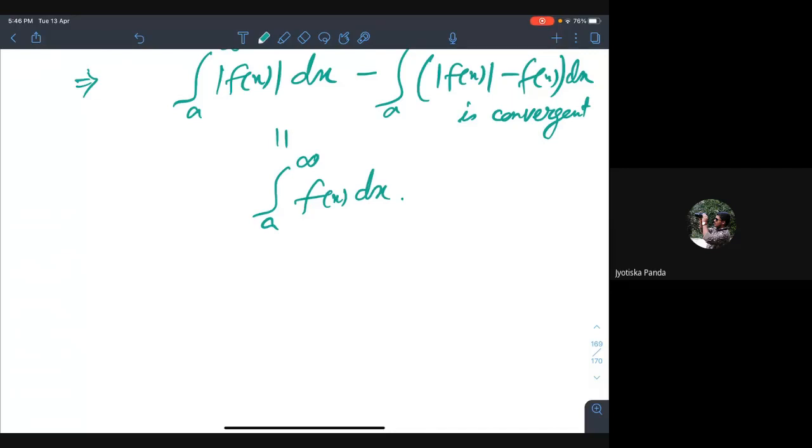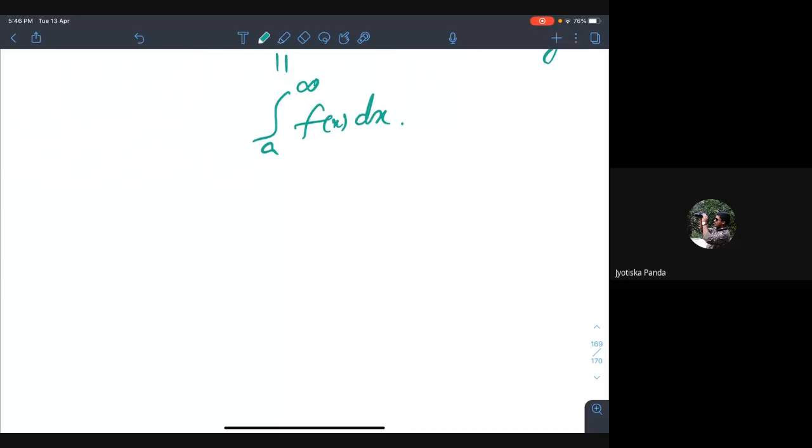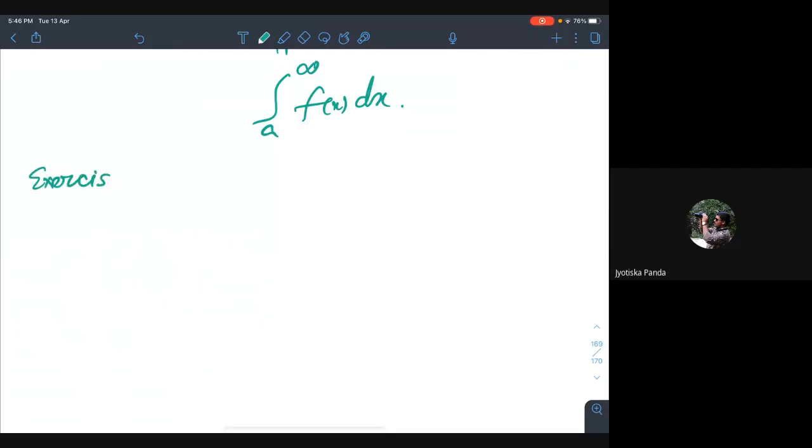Before going further, let me put the following as an exercise, which is there in the notes, but it is not very complicated.